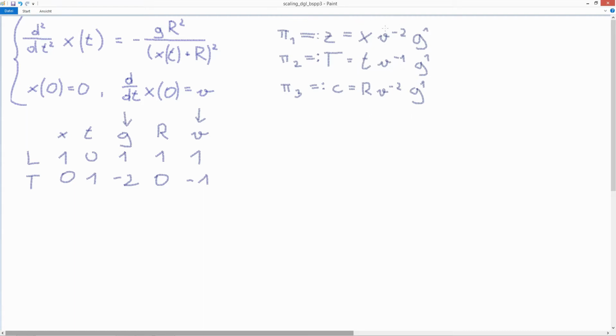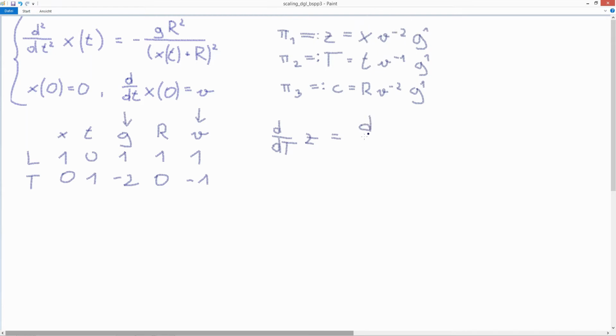You can try this out yourself if you want to calculate these pi factors. Okay, let's scale this differential equation here using these new variables. So we have to calculate this here at first. So inserting for this set here, this here.